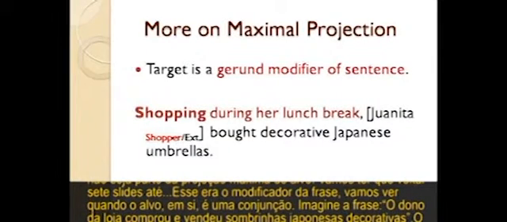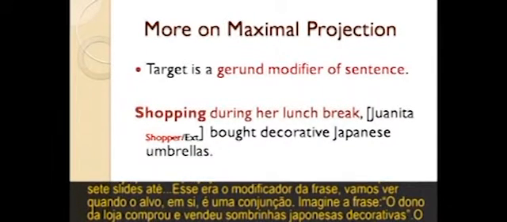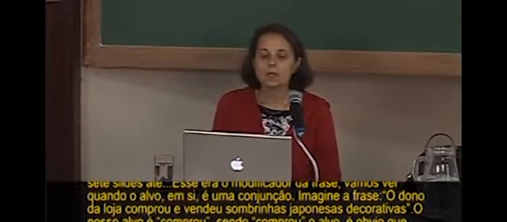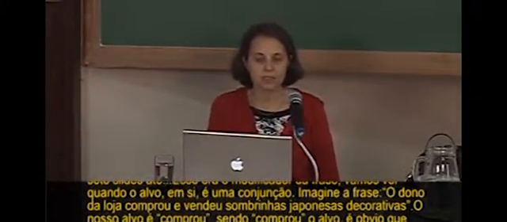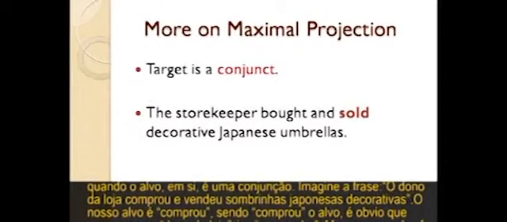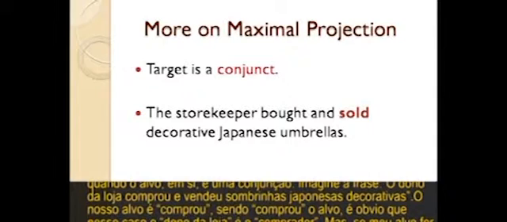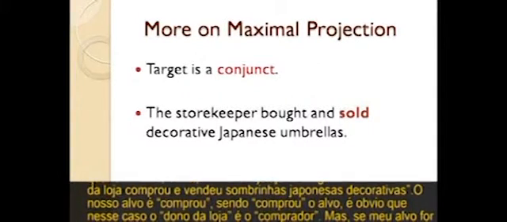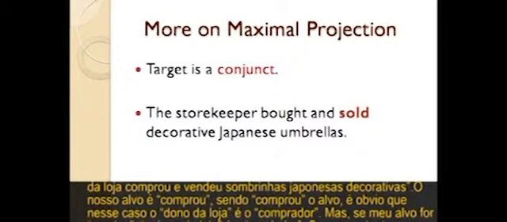Now we're going to look at when the target itself is a conjunct. Imagine the sentence, the storekeeper bought and sold decorative Japanese umbrellas, right? Our target is bought.